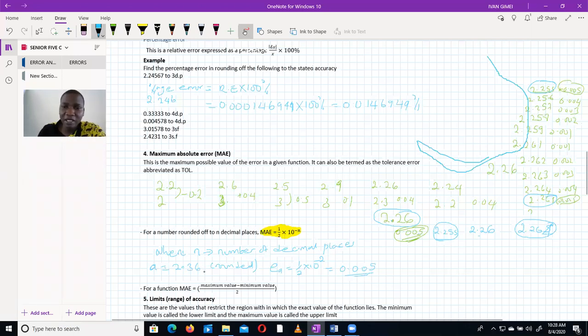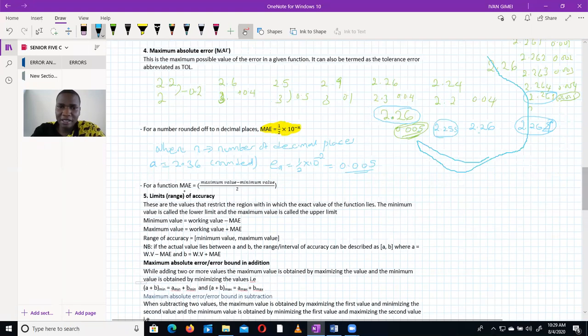So how do you find those limits? I simply get this value plus the error, which gives me the upper limit. This value minus the error gives me the lower limit. We're going to look at such things in detail.